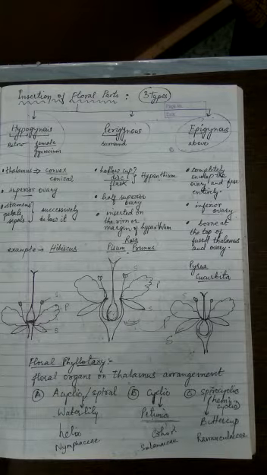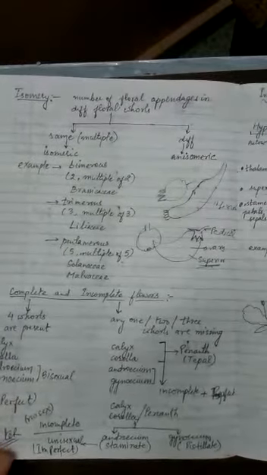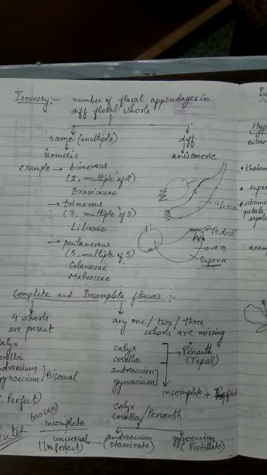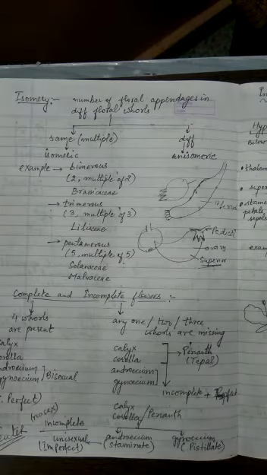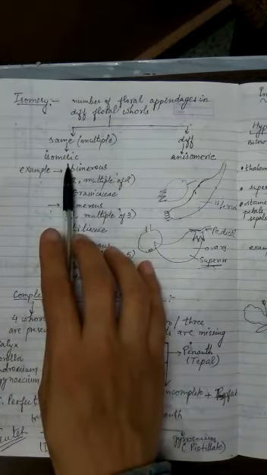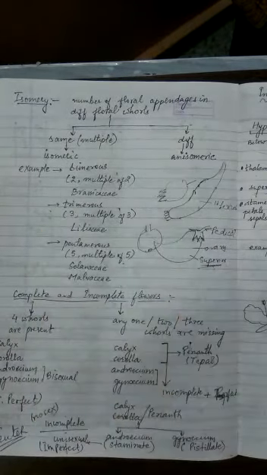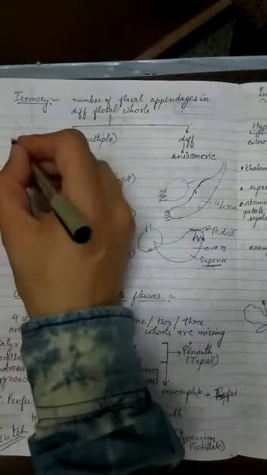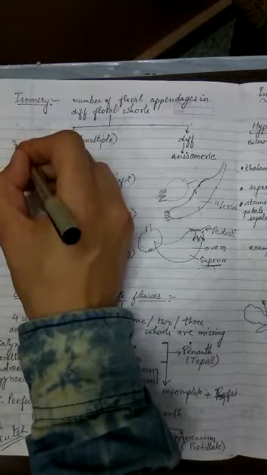Now the next thing to understand is that there are flowers in which you will find the appendages can be of the same number or multiples of the same number, or they could be different in number. So accordingly flowers can be called isomeric flowers, or anisomeric flowers. So what is isomery? It is something like if every whorl is present 3 times.